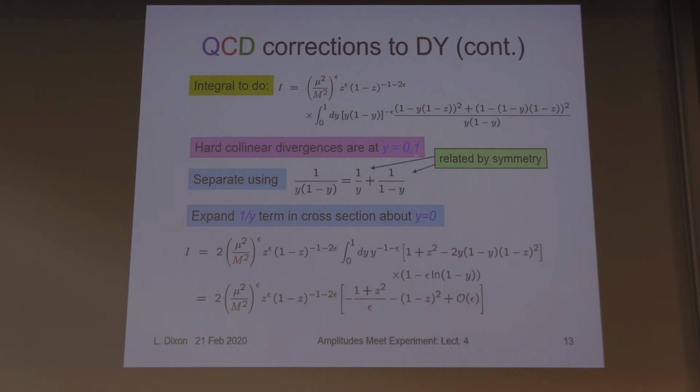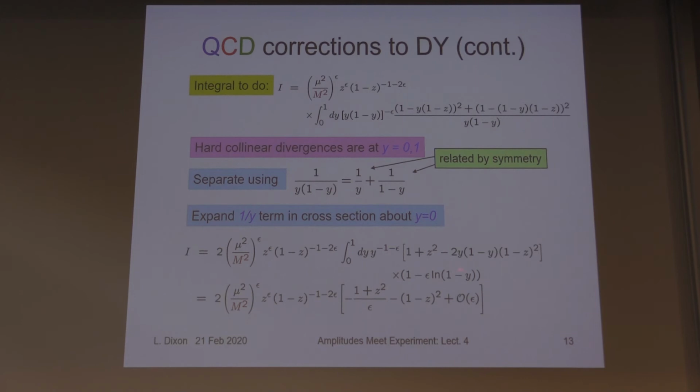So in order to treat it, we realize that if we expand the 1 over y term multiplying the singular factor y to the minus 1 minus epsilon, if we expand it in y, then anytime we pick up a y here, we can immediately set epsilon to 0.